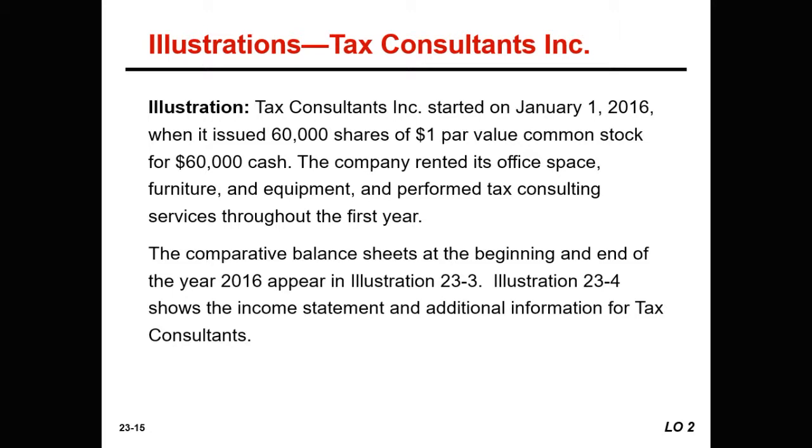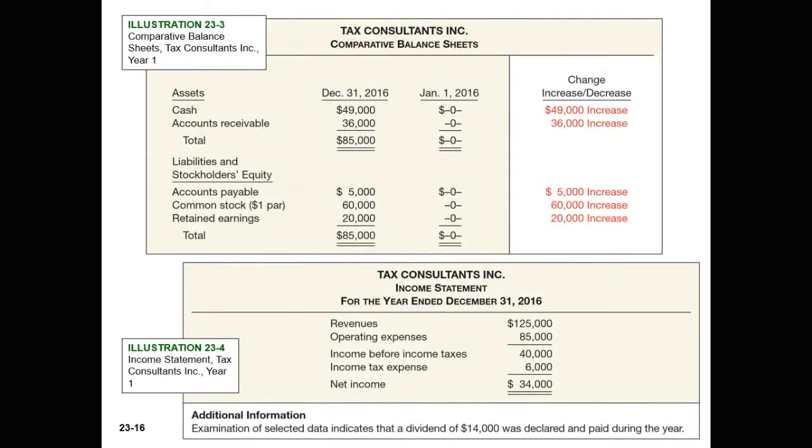The comparative balance sheet at the beginning and the end of the year 2016 are going to appear in illustration 23.3. Illustration 23.4 is going to show the income statement and the additional information for tax consultants. So it'd probably behoove you to open your books to these pages so that way you can follow along as we go through this.